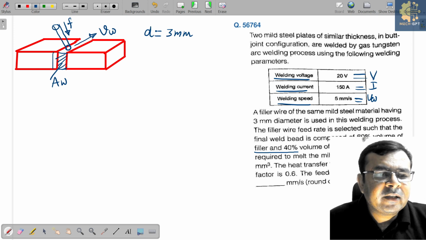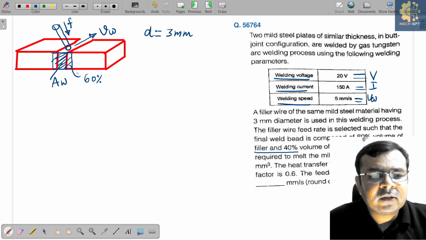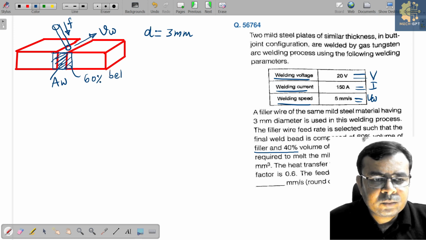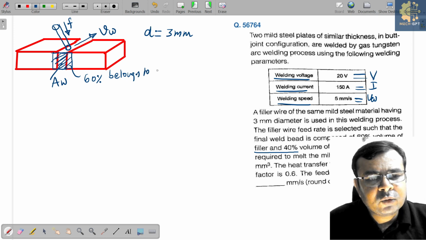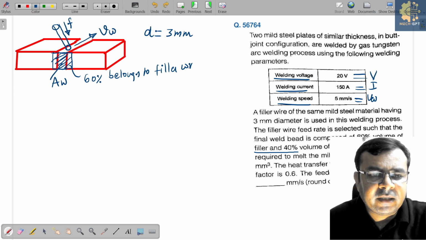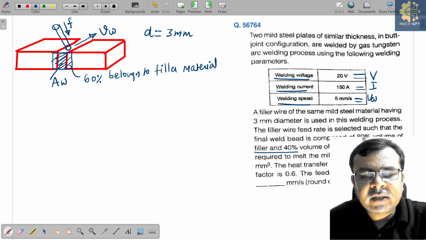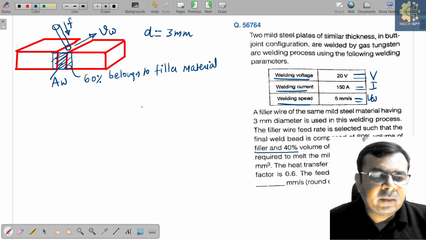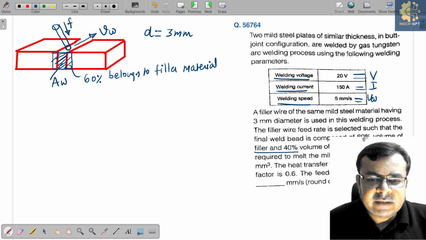So whatever melting takes place in this welded joint, out of this total welded joint, you can say 60% of this area belongs to filler wire, or simply filler material. Correct? And the rest, that is 40% of the material, belongs to base metal.